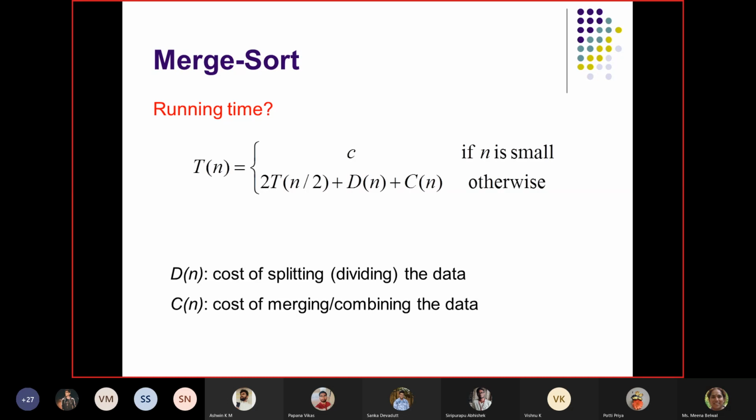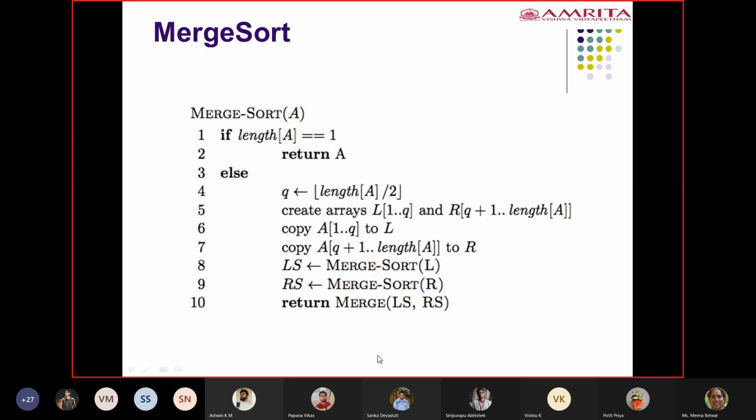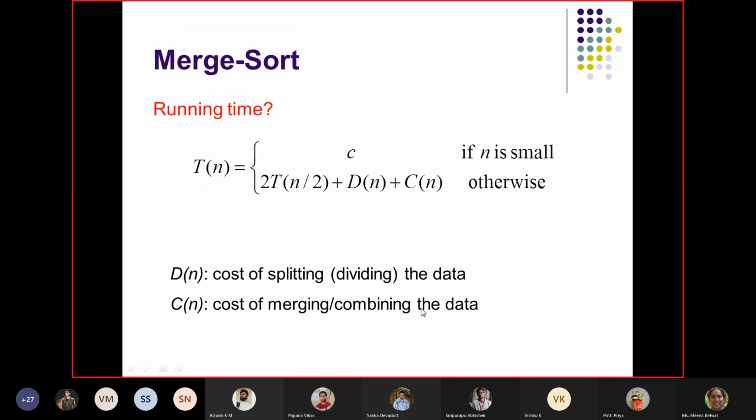When you say merge sort running time, by default the merge operation is involved, because we first divide, then sort the smaller portions, and then combine the solutions. So the time complexity of merge is involved in that, right?